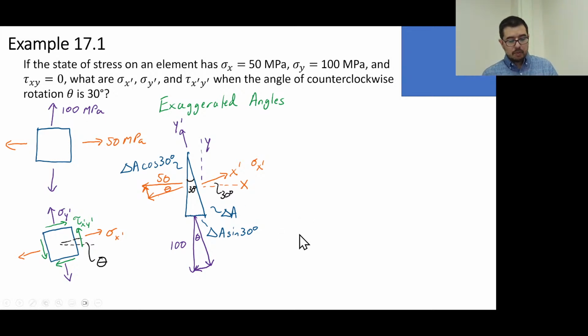Okay, now we've got to do some equilibrium, or we're almost ready to do equilibrium. The summation of the forces in the x prime direction is going to be equal to 0. Now we think about x prime and y prime, and we're saying x prime.